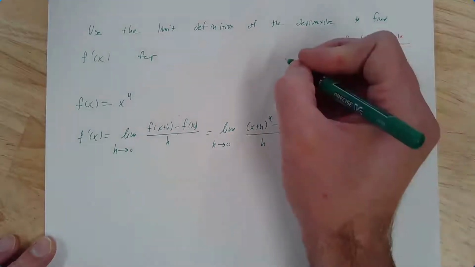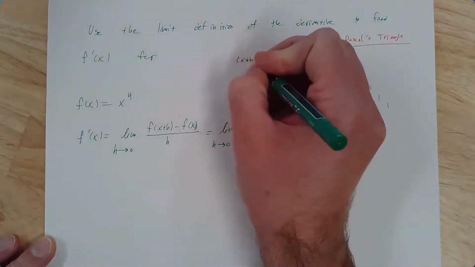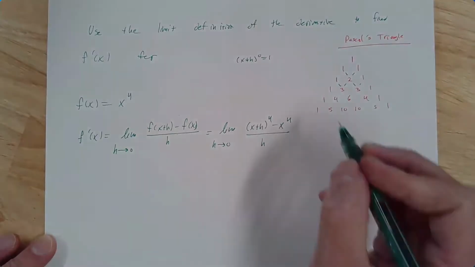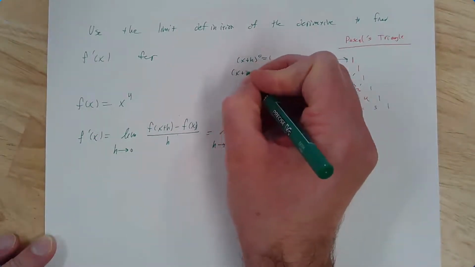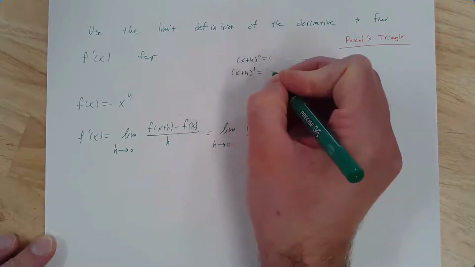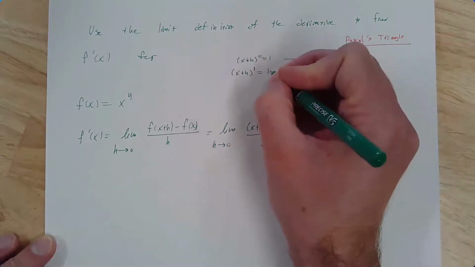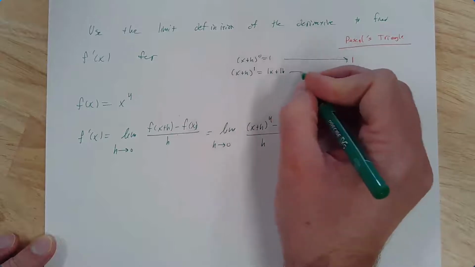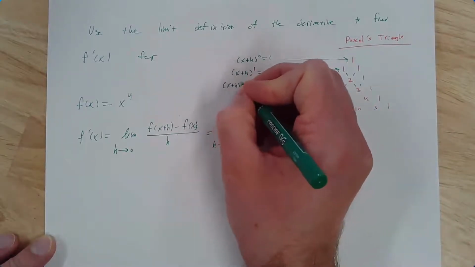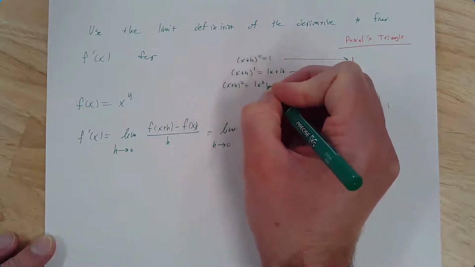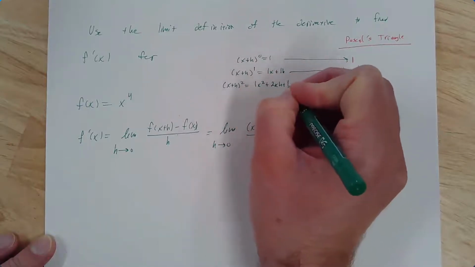So (x plus h) to the 0 is 1. And that corresponds to that. (X plus h) to the first is x plus h, or 1x plus 1h, and it corresponds to that. (X plus h) squared is 1x squared plus 2xh plus 1h squared.